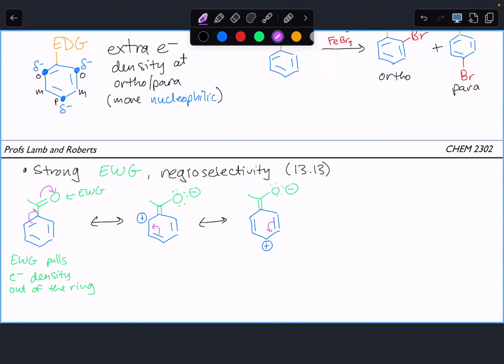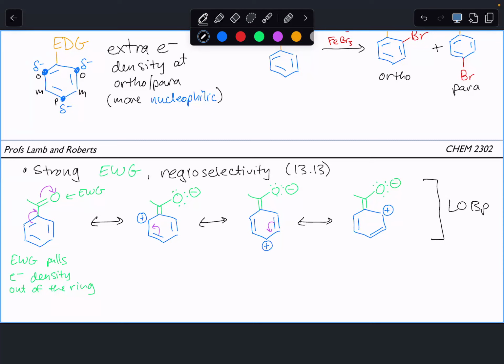And then finally, I can push one more. Starting with what doesn't change, I still have this negatively charged oxygen. I made a new double bond bottom right, and now my right side ortho position has a positive charge. So that second learning objective, learning objective 13P, this is what we're talking about. We want you to be able to draw all these different resonance structures.